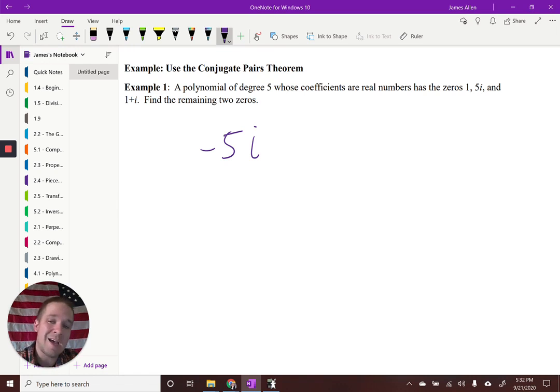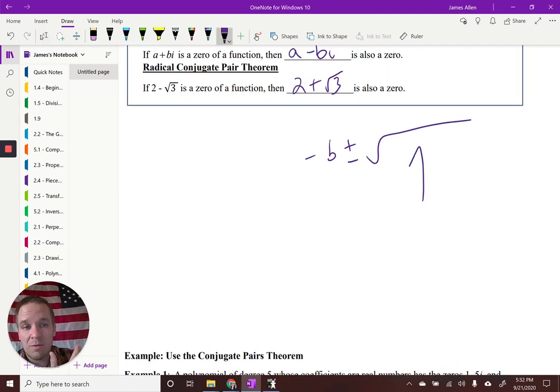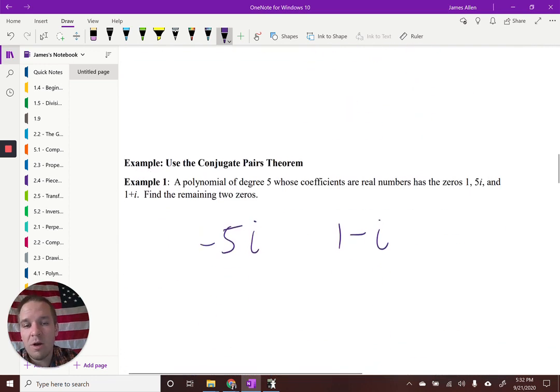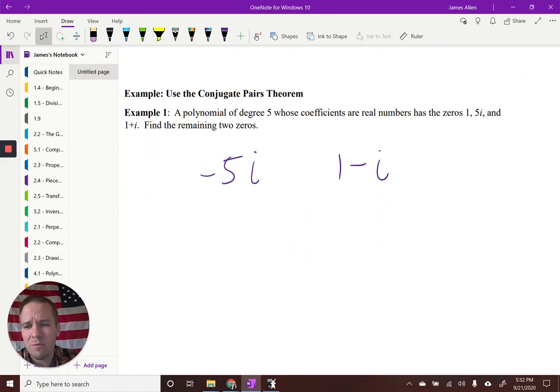And if 1 plus i is one of them, then 1 minus i would be the other. And something I didn't mention before is that this also comes from our quadratic formula. If I have a negative inside of this radical, then it's going to be a number plus an imaginary number and a number minus an imaginary number. So all coming from that wonderful quadratic formula that we know and love so much.